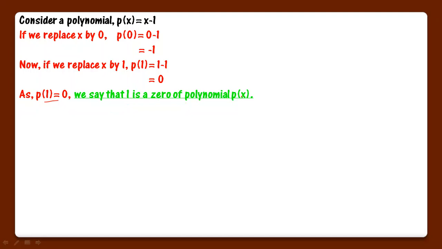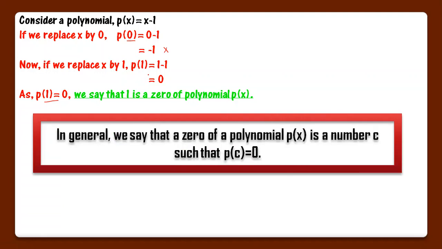polynomial p(x). The value of x for which our polynomial becomes equal to 0, that is called a 0 of a polynomial. We say that a 0 of a polynomial p(x) is a number. What is a 0? It is a number. Suppose it is c, such that when we put c in place of x, the answer is 0.